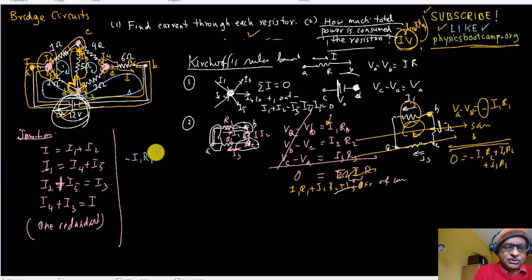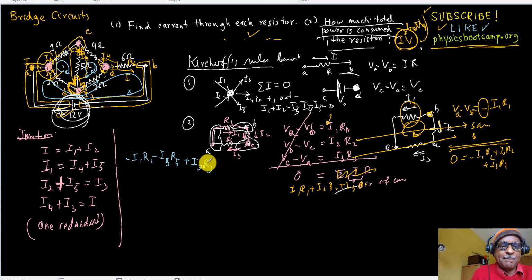Over here I'm going in the same direction as current, minus I5 R5. And over here, while the current is assumed to go in that direction, I'm going in the opposite direction, so I'm going to pick up voltage, which is I3 R3, and I came back to the same place.